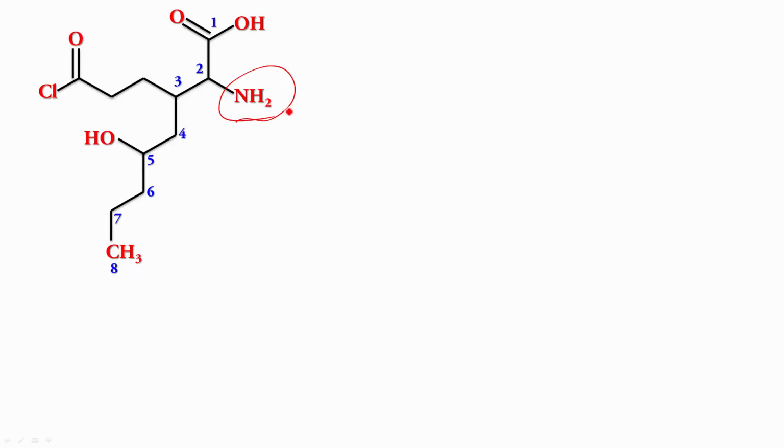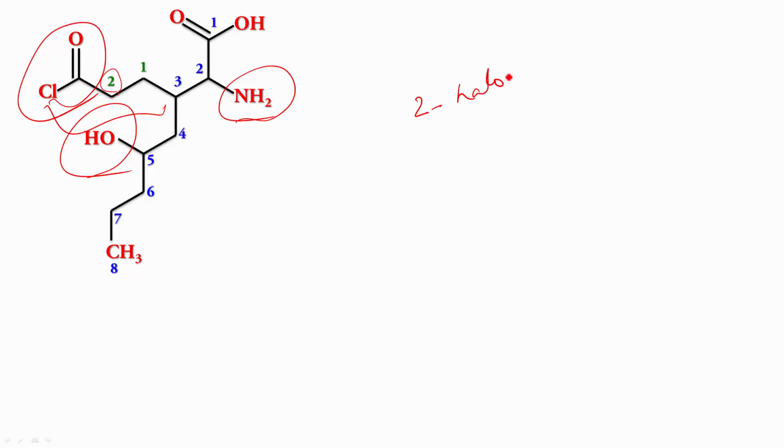In 2 you have amino. In 5 you have hydroxy. Let's number this side chain. 1, 2. And remember, when acid chlorides were the prefixes, we used to call them halocarbonyl. So halocarbonyl is sitting at 2. So this is going to be called 2-halocarbonyl ethyl.